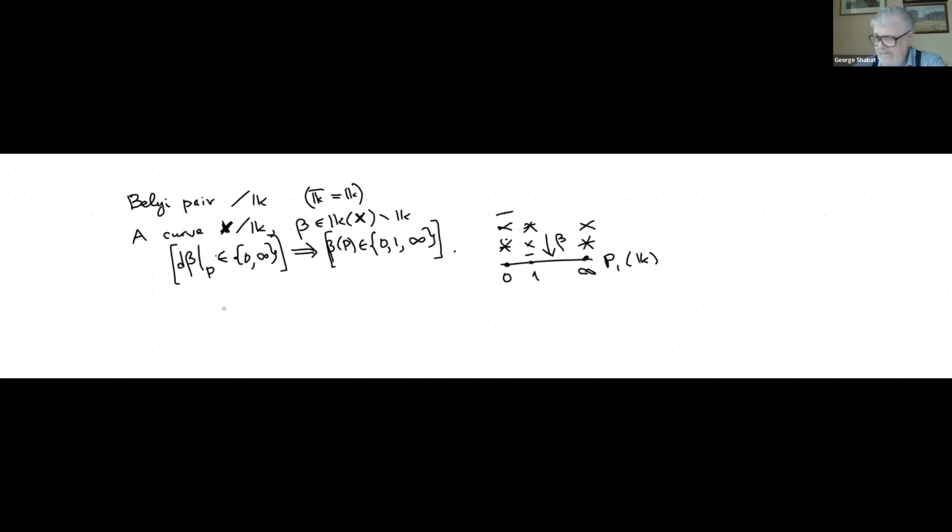I better remind that in case when K is C, then we have the topological model of X as an oriented compact surface.